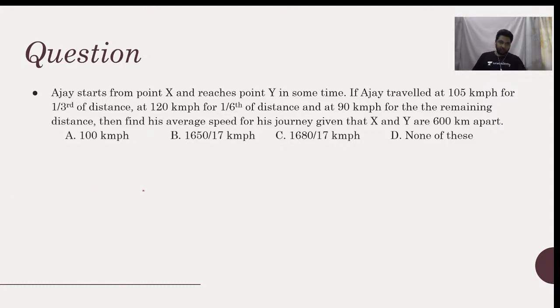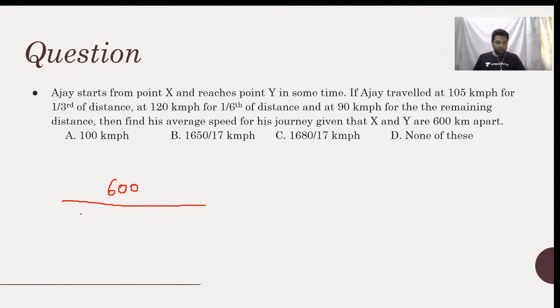So straight away, if I want to solve it, total distance 600 divided by total time I need. Out of 600 kilometers, 200 kilometers at 105 kilometers per hour. Time is equal to distance by speed.